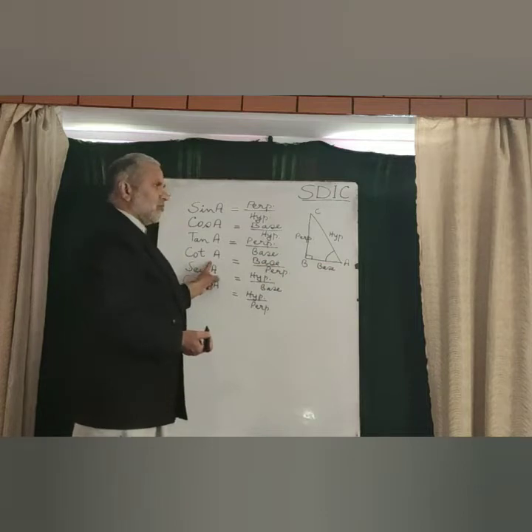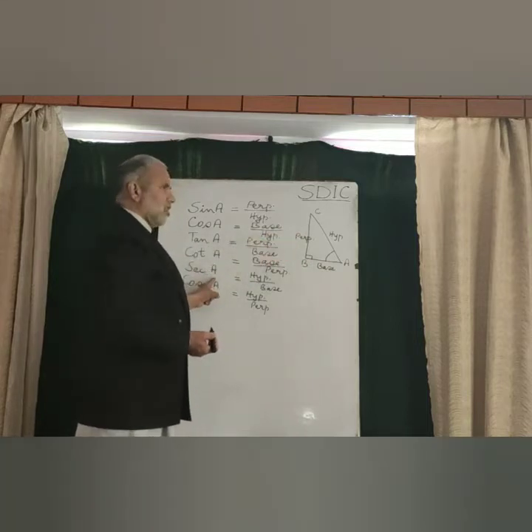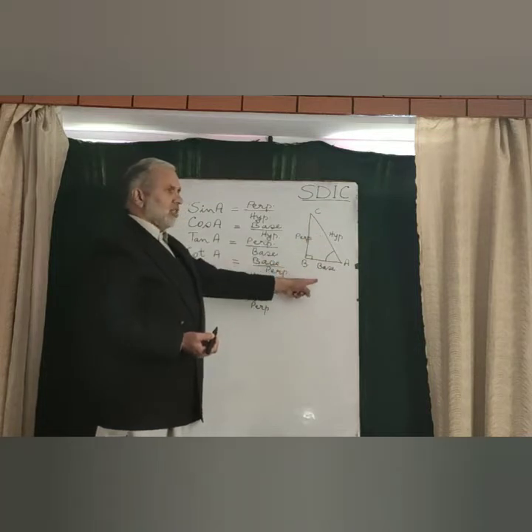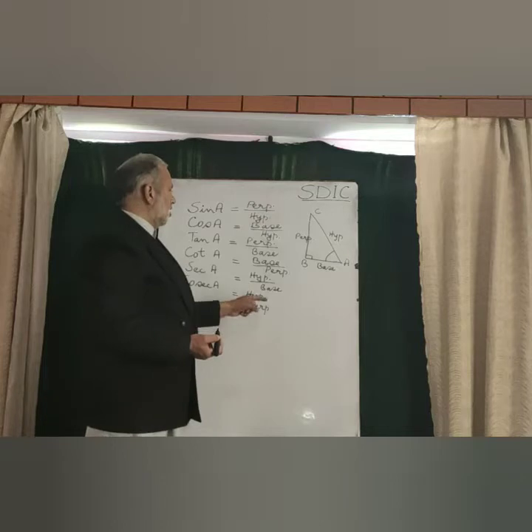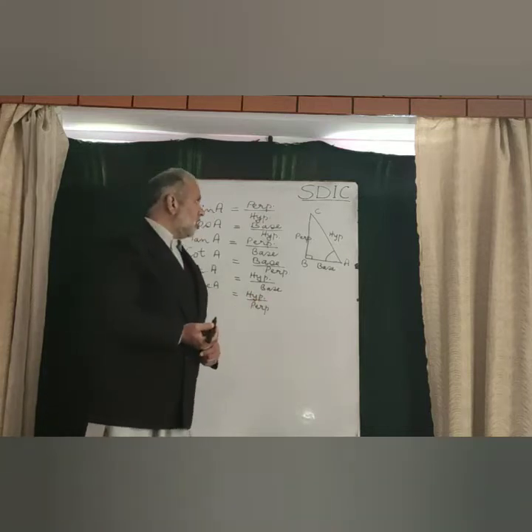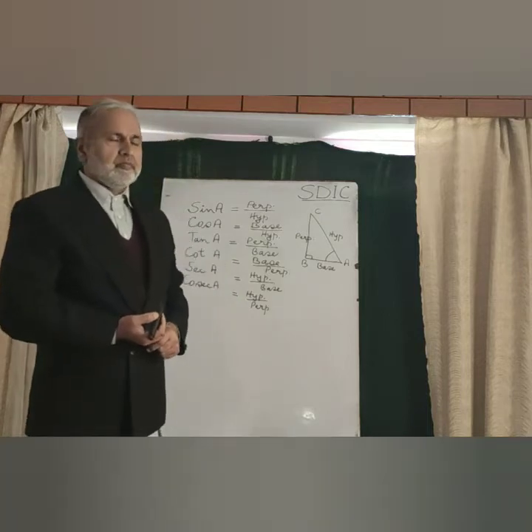Cot A, which is base by perpendicular, will become AB by BC. Sec A, which is hypotenuse by base, will become AC by AB. And cosec A, which is hypotenuse by perpendicular, will become AC by BC. All this we discussed yesterday.